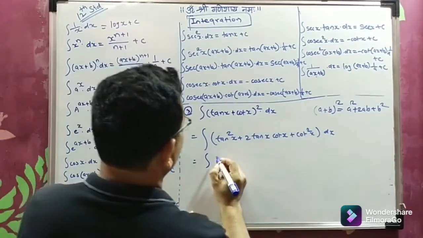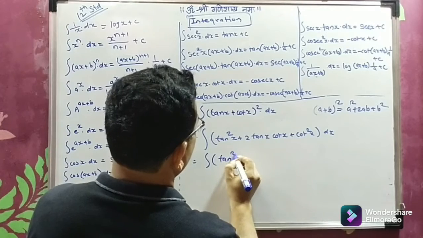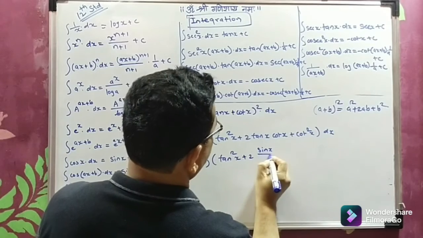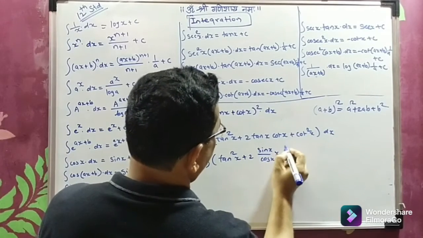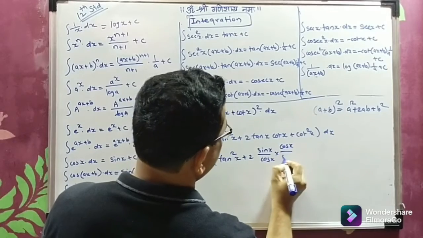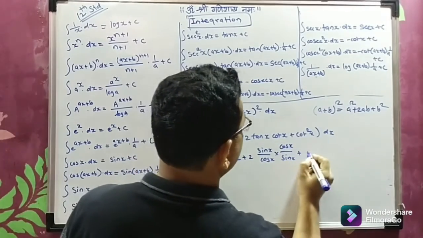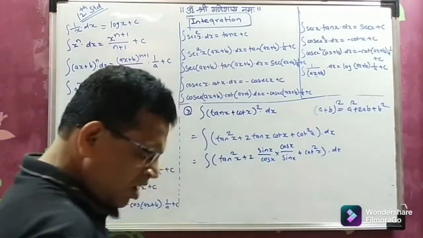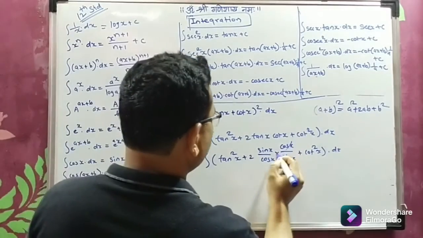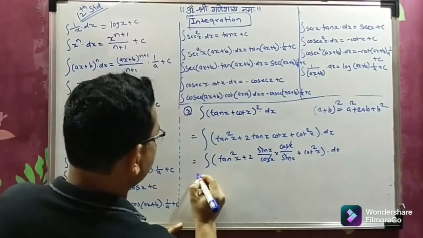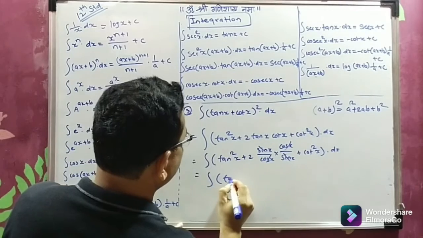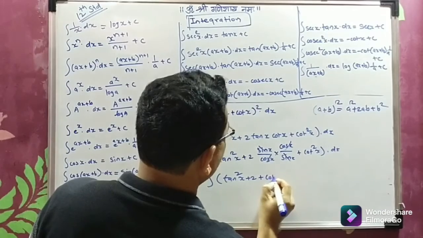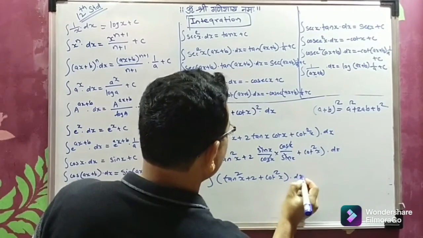So this is tan square x plus 2 times sin x divided by cos x into cot x, which is nothing but cos x divided by sin x, plus cot square x dx. So this cos x will get cancelled, sin x will get cancelled. So the answer will be tan square x plus 2 plus cot square x dx.